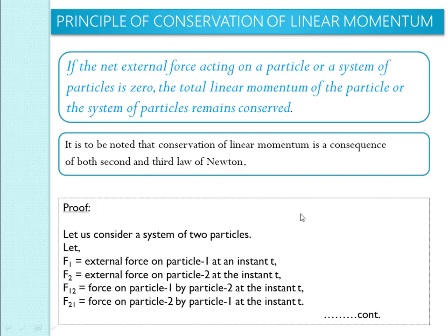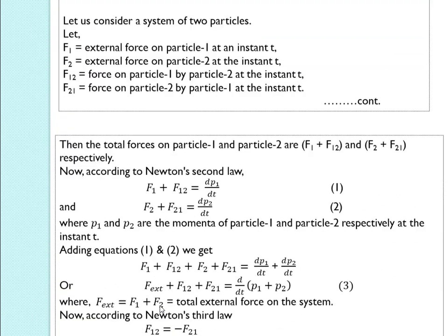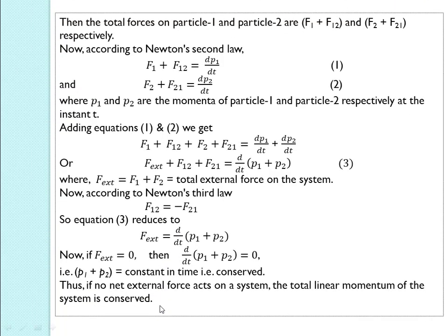Now, if you would like to prove this principle, we assume a system consisting of two particles, say 1 and 2. Let F1 be the external force on particle 1, F2 be that on particle 2, F12 is the force on particle 1 by particle 2, F21 is the force on particle 2 by particle 1, all at the same instant t.